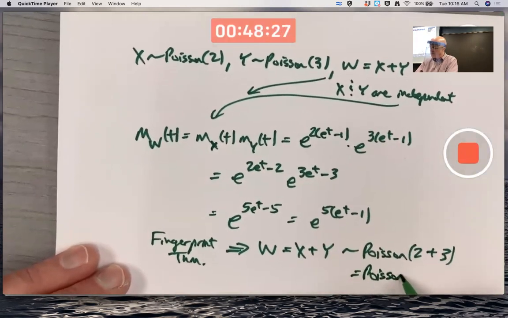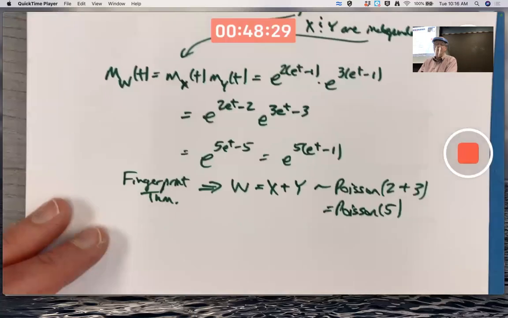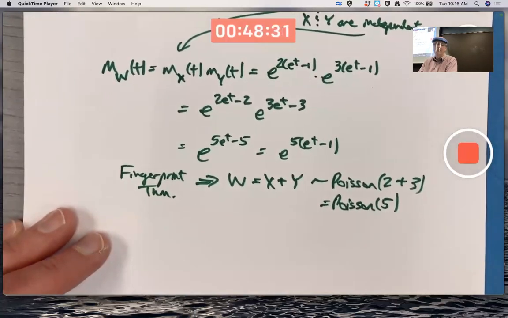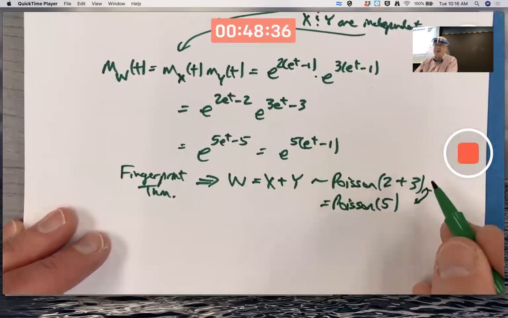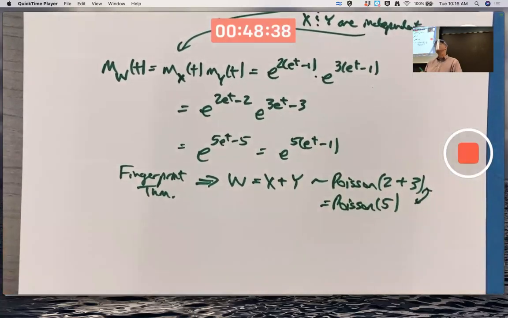In other words, Poisson with mean 5. Actually, I probably should have written those in the other order. It's Poisson with mean 5, and 5, hey, is 2 plus 3. So yes, I did add the means of the individual random variables.